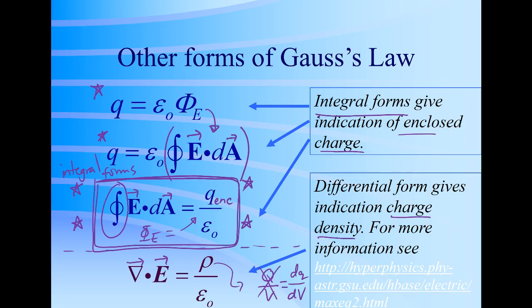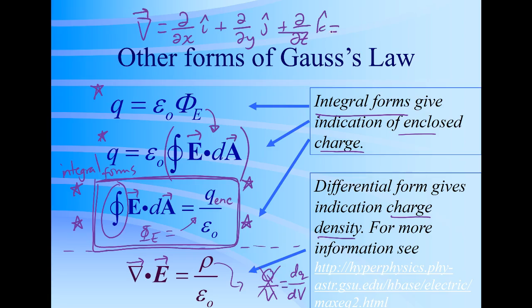Now, one other thing that we should mention is that this del thing is the partial derivative with respect to x, i hat, plus the partial derivative with respect to y, j hat, plus the partial derivative with respect to z, k hat.